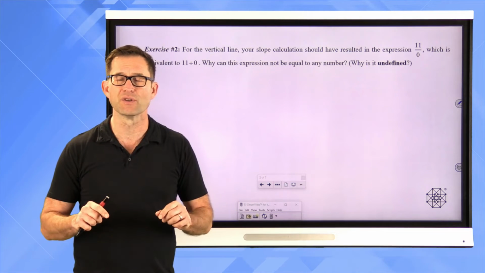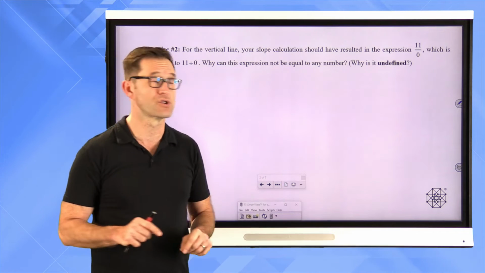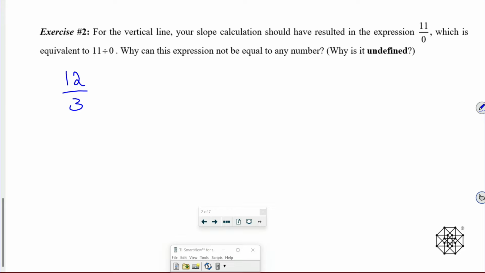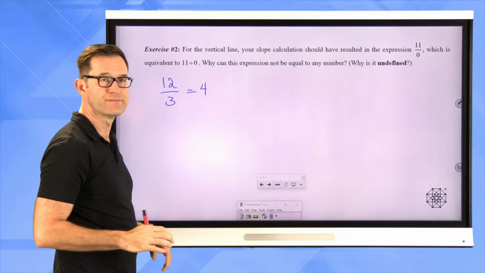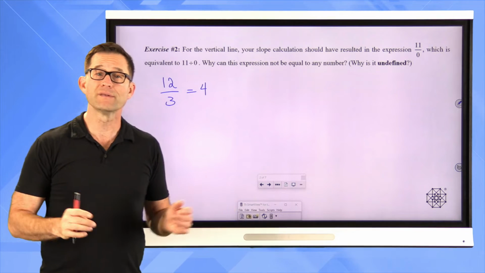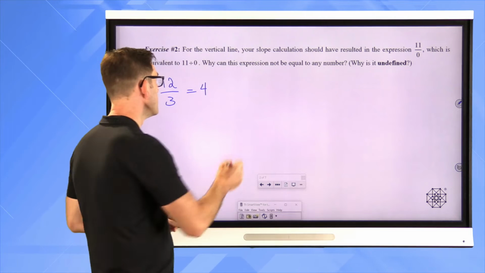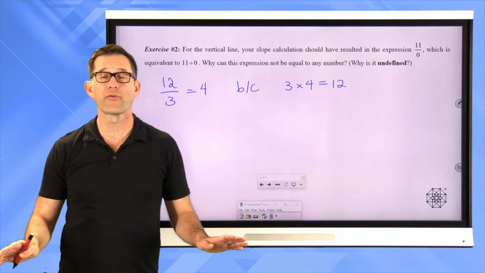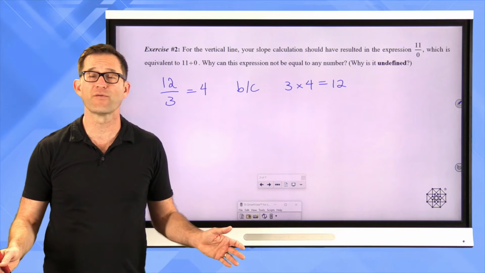a few basic notions about division, or one basic notion about division. If I had 12 divided by 3, we all know that that's equal to 4. And we know that it's equal to 4 for one simple reason, and that's because 3 times 4 is equal to 12. 12 divided by 3 is equal to 4 because 3 times 4 is 12.